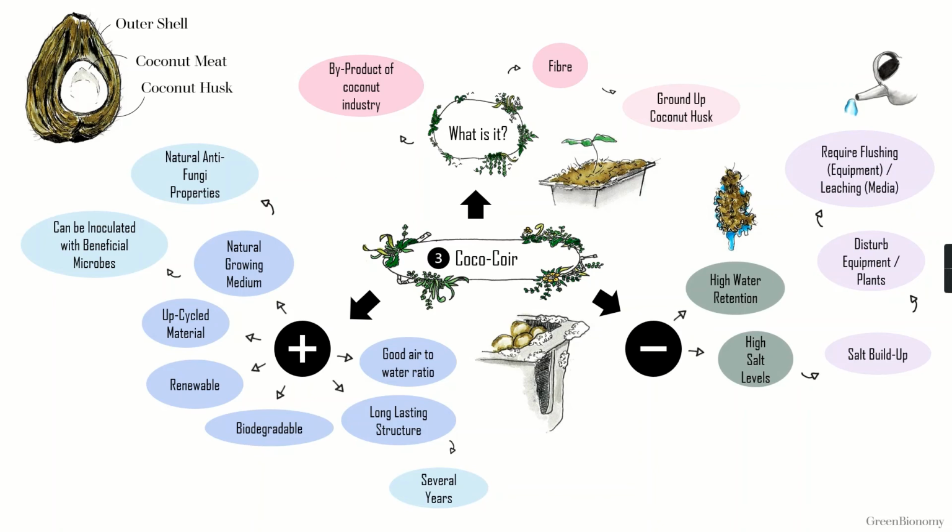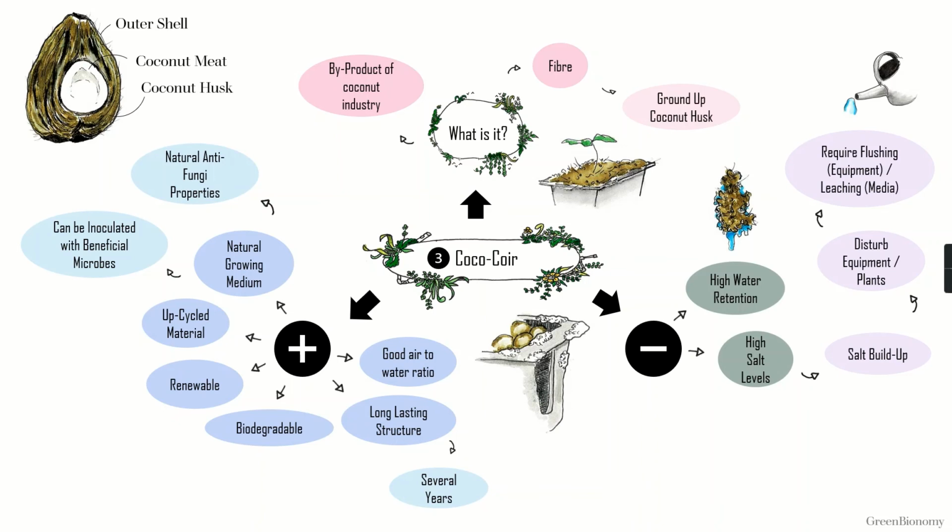So the solution here is, for the equipment, you should wash it between uses, so it requires flushing. And for the Coco coir itself, you should soak it and leach it between uses, or even before using, to reduce the salt levels.